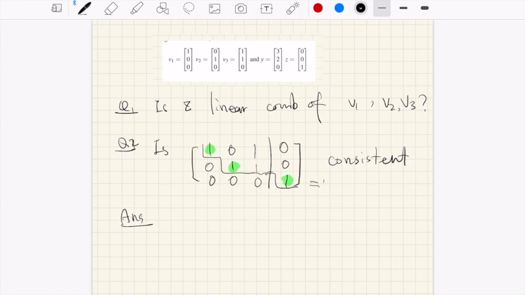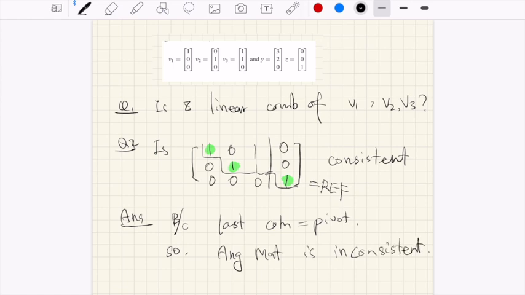And if this is REF, we don't bother with RREF. We can immediately ask how many solutions there are. And because the last column is a pivot, the augmented matrix is inconsistent.